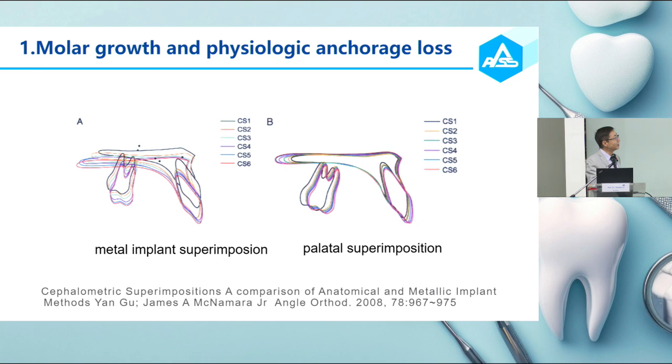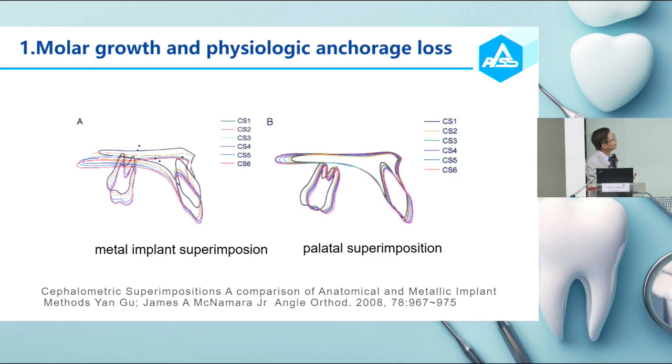When doing superimposition on implants, you see molar growth downward and forward. But if you see the superimposition on palatal plane, as we usually do in clinic, you will see molar have no downward growth, only forward growth. Why is that? Because the reference structure by palatal superimposition changes.